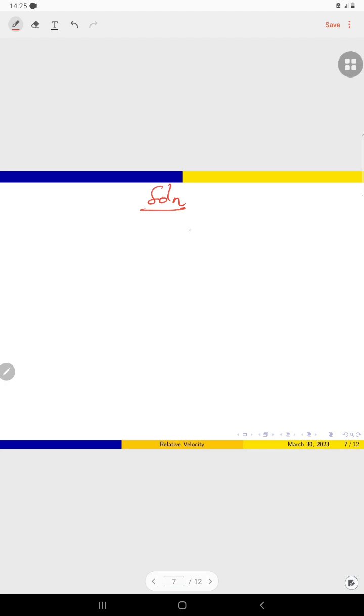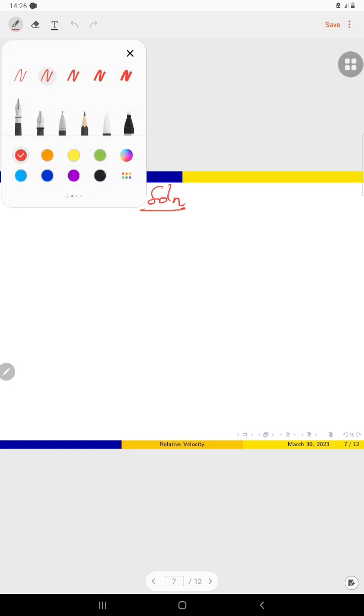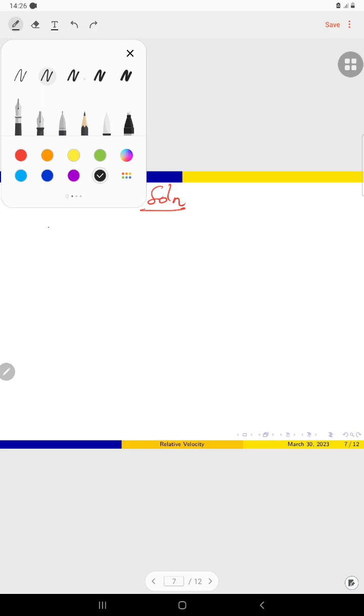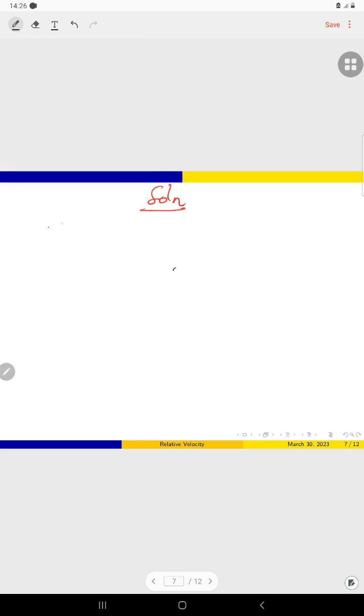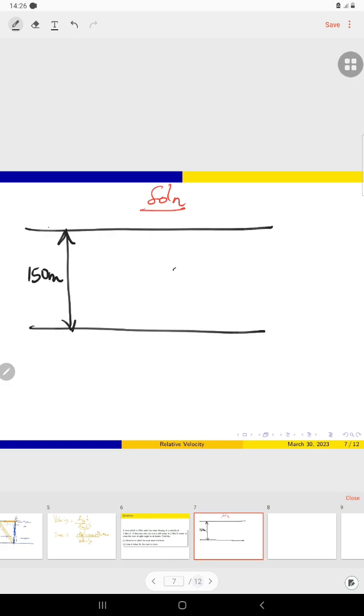As we know already, we simply need to draw this diagram. According to the question, the river is 150 meters wide.